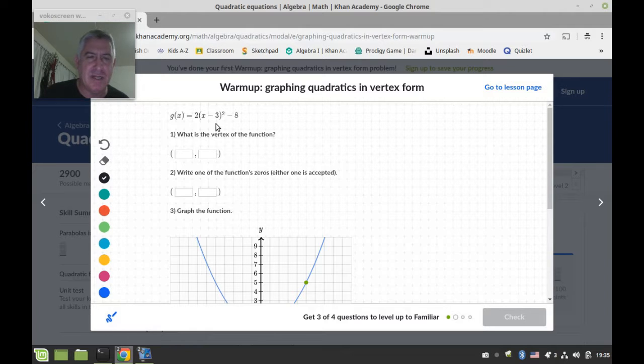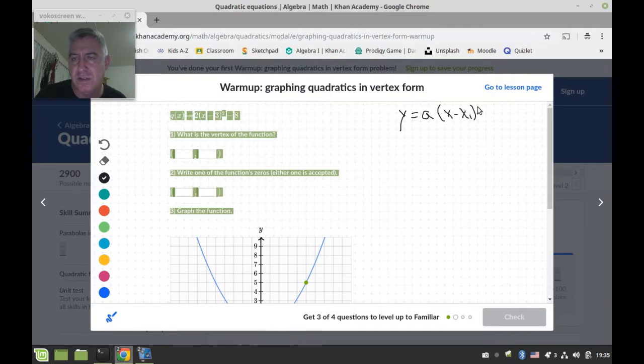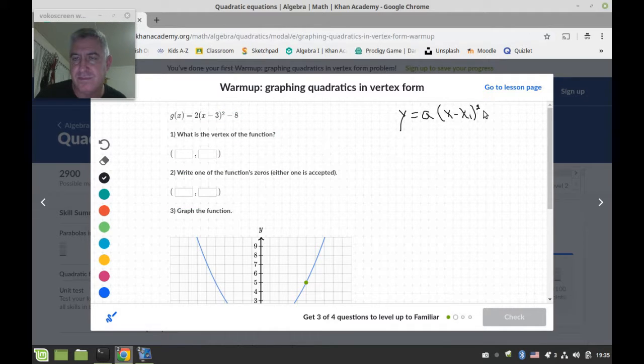Okay, we're going to do it again. I'm going to write the form over here. y equals a times x minus x1 squared plus y1.